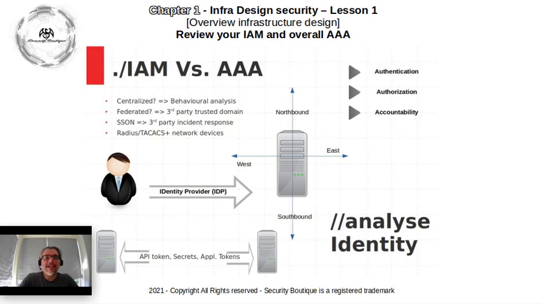Because if you have a hybrid AD, most of the time you also risk lateral movement. And so you need to put IAM in perspective, but not just IAM, going through all the steps: authentication, authorization, all parts of SAML, single sign-on, that is critical.